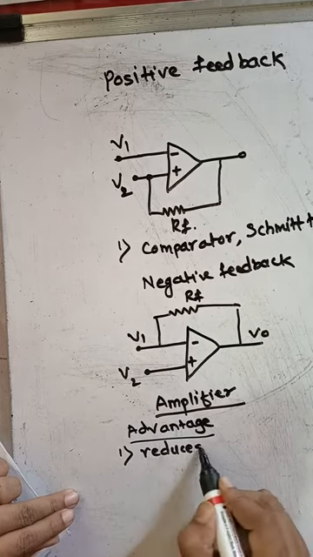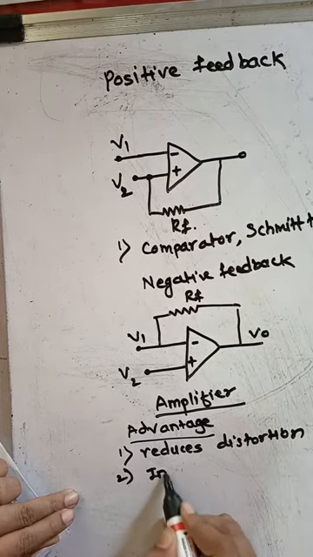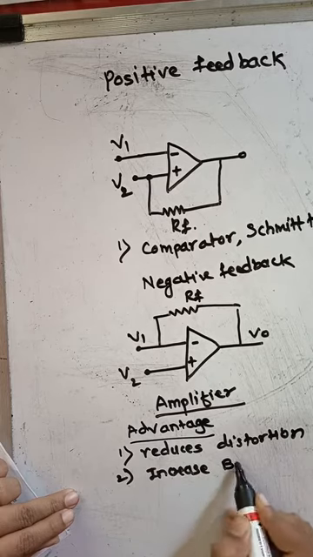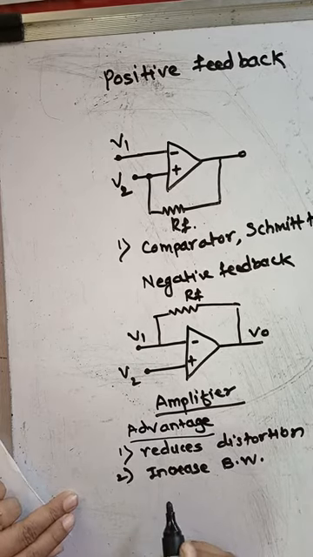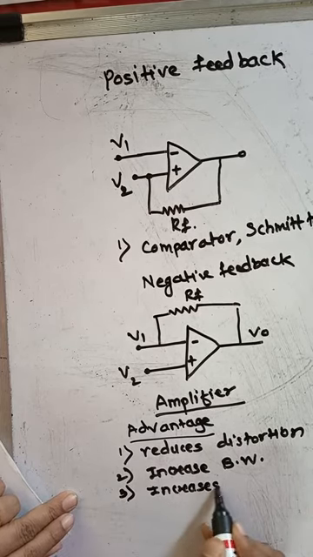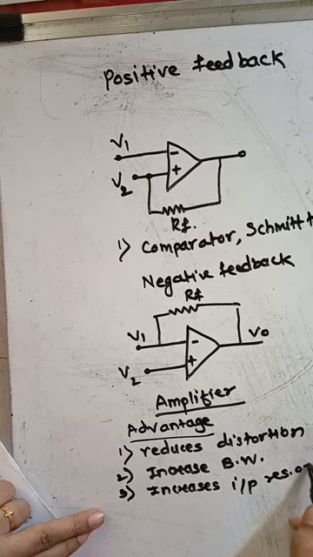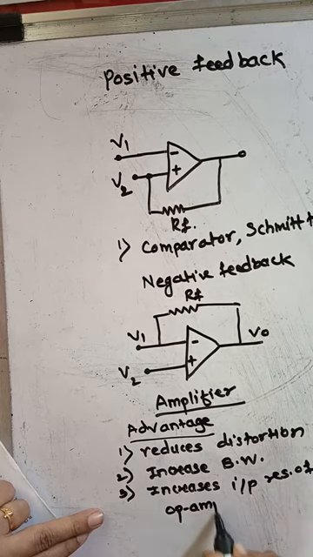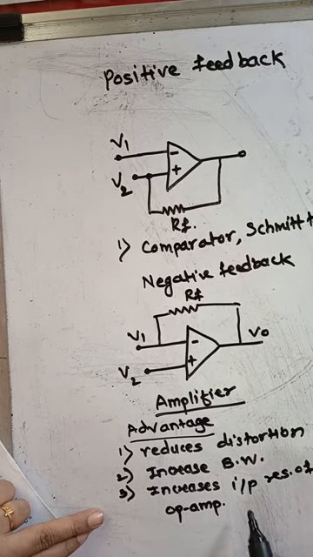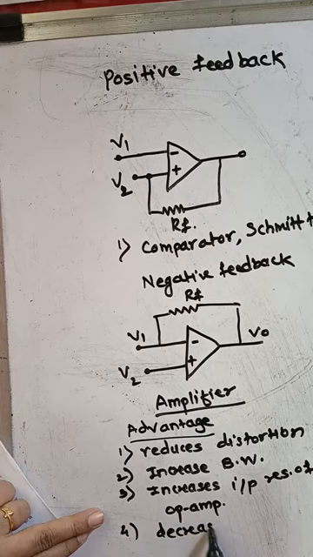Second, it increases the bandwidth. Third, it increases the input resistance of op-amp, because already we know that the input resistance of op-amp should be infinite, so in negative feedback it automatically increases.